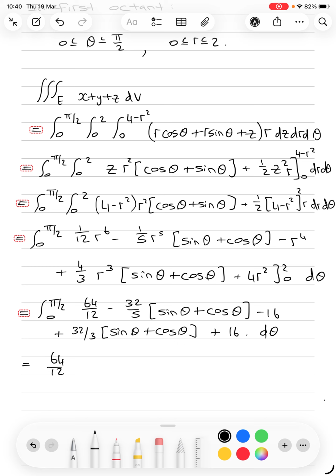So again, cleaning up before integrating can save you some of the work.